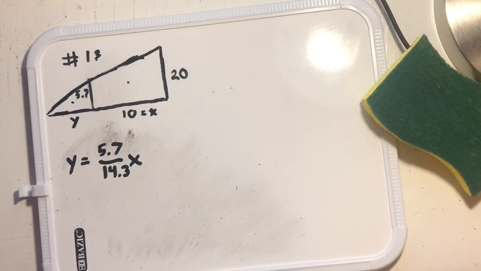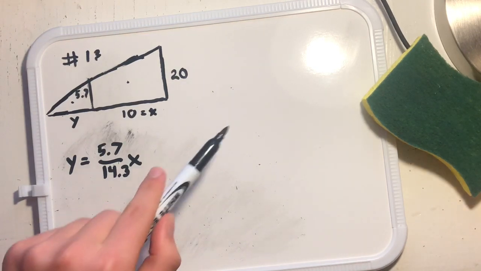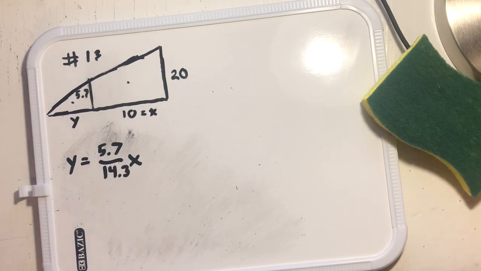So, now that we have this, we can know the total length in respect to x of the entire triangle.